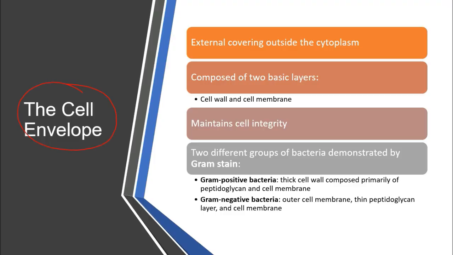The cell envelope. Now, till this point, we've been talking about all those extracellular components, right? We have been talking about the glycocalyx layer, the flagella, fimbriae, pili, all this. Now, there can also be a cell envelope. This is another extracellular component: the external covering outside the cytoplasm, composed of two basic layers, the cell wall and the cell membrane.